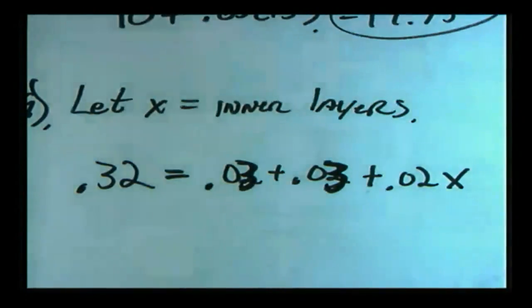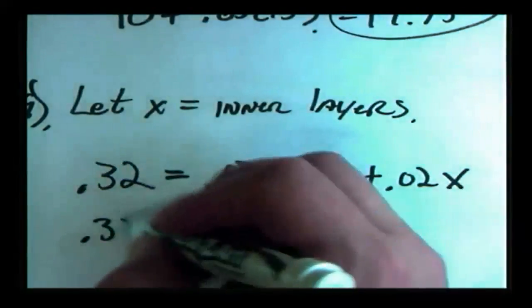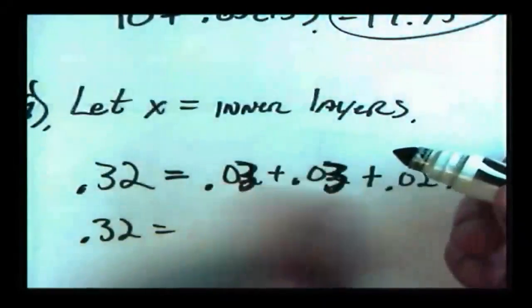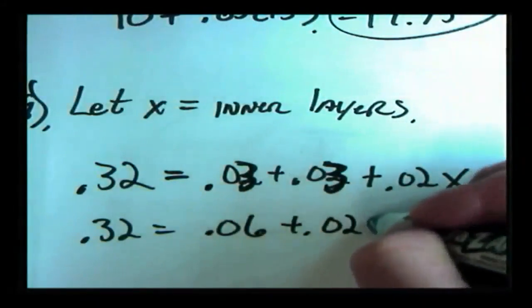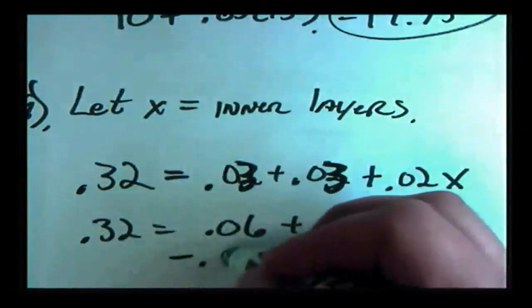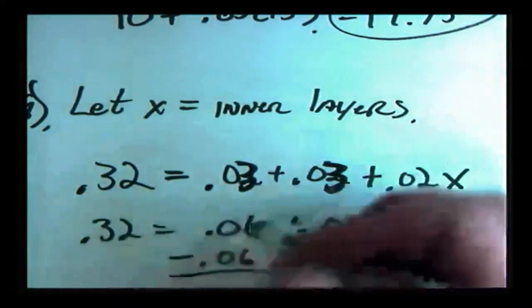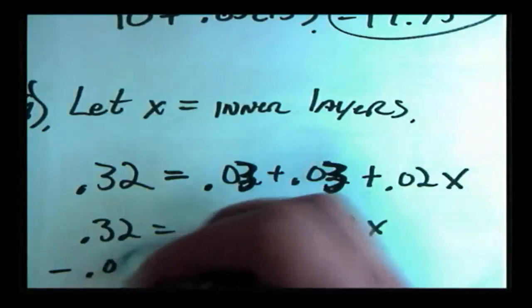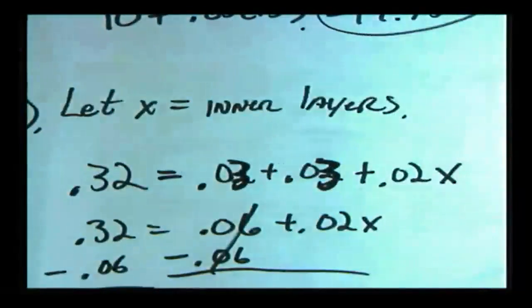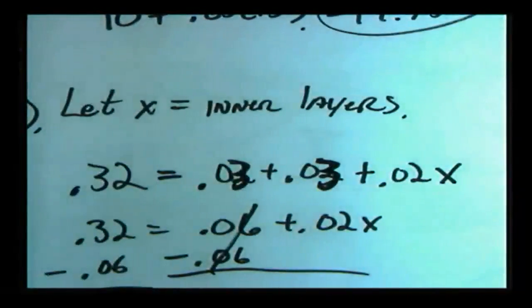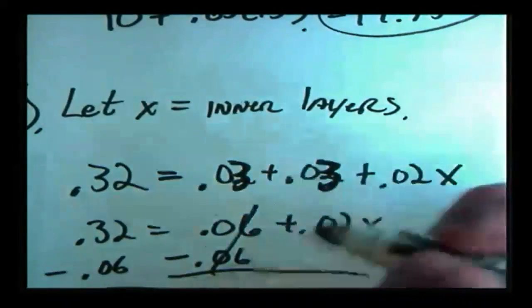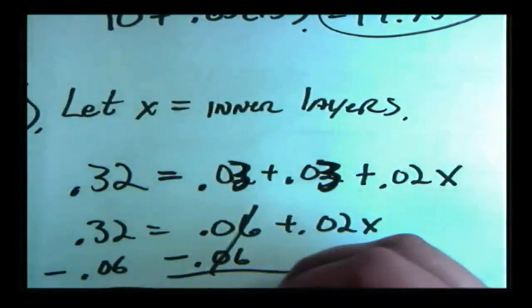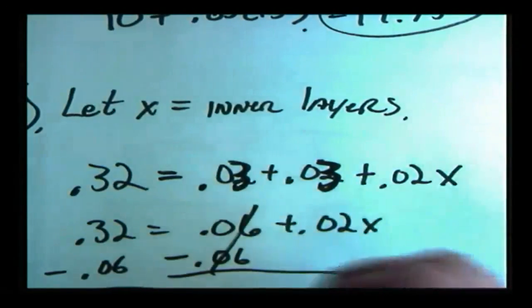So I can solve this problem, combine like terms. These two are like terms, so this is 0.06 plus 0.02x. Subtract 0.06 from both sides. That goes away. 0.32 minus 0.06, 0.26 is equal to 0.02x.